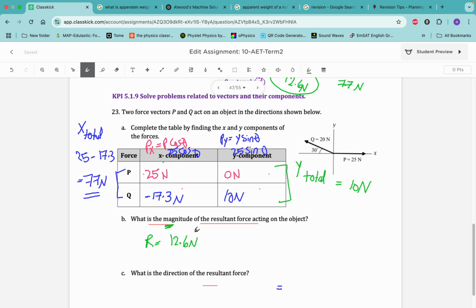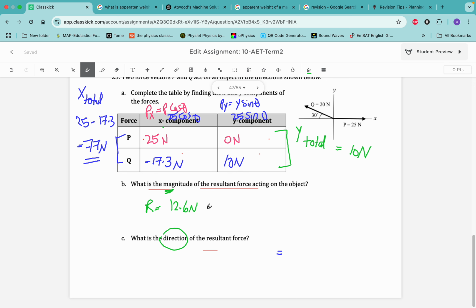Okay, what about the direction? The question asks about the direction. To calculate the direction, we use tan. We know that tan theta is opposite over adjacent, which is y over x.